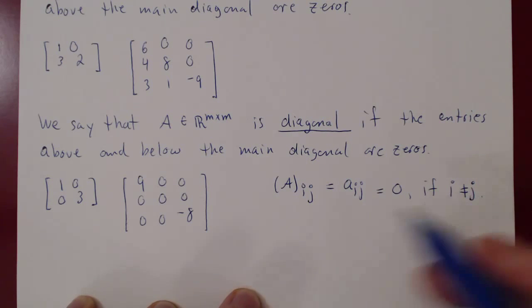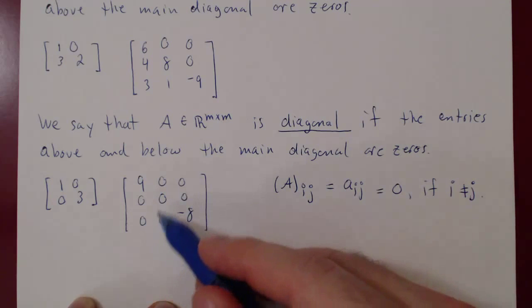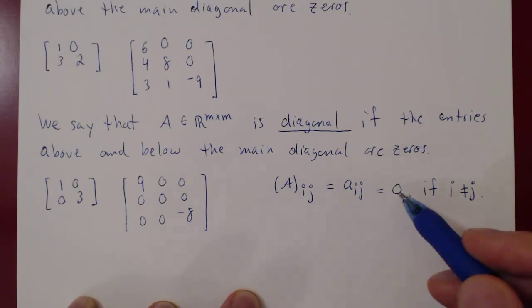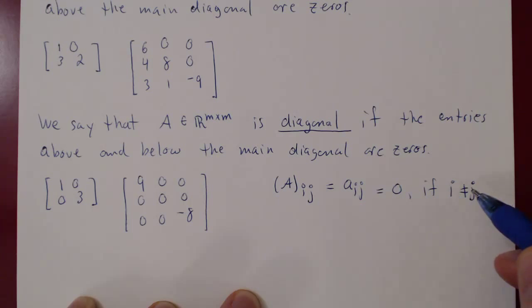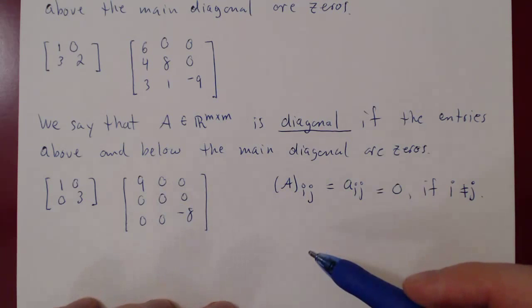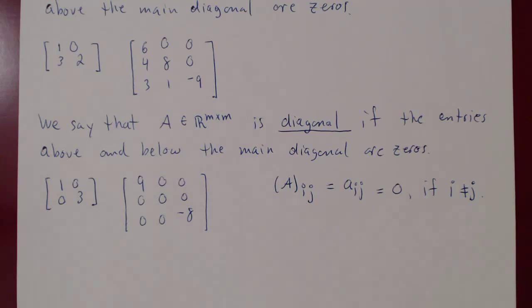If i and j are different, you are off the main diagonal. So whenever i and j are different, Aij is 0, every entry off the main diagonal is 0, and the entries on the main diagonal can be anything you want.